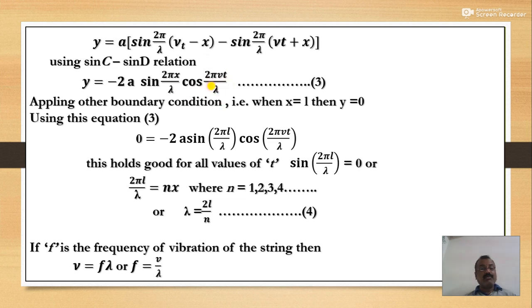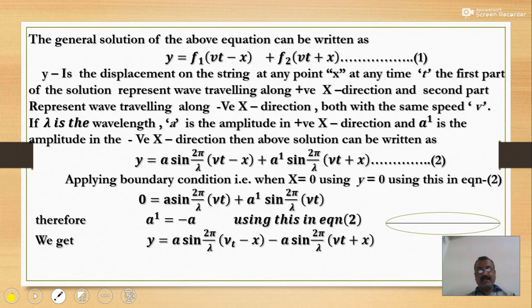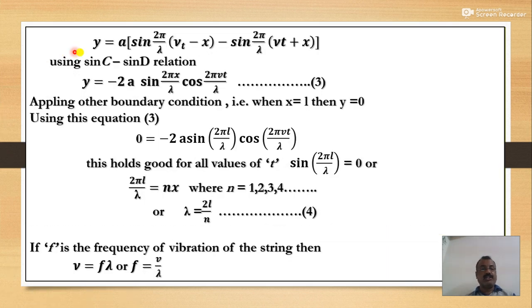Again, by applying the boundary condition, when x is equal to L, means x is equal to L from here to here. What happens to the equation? Then y is equal to 0.